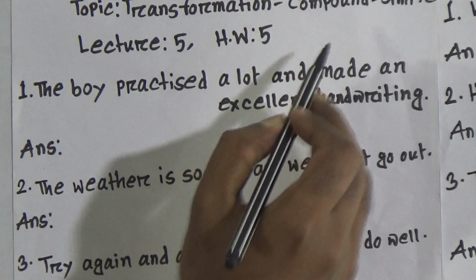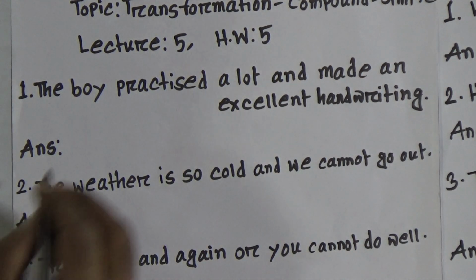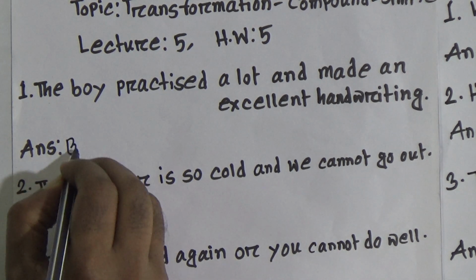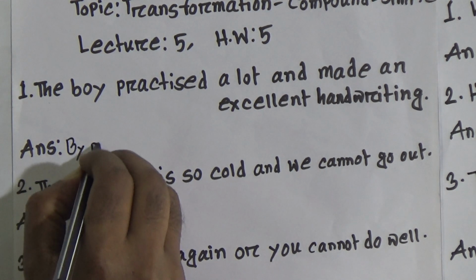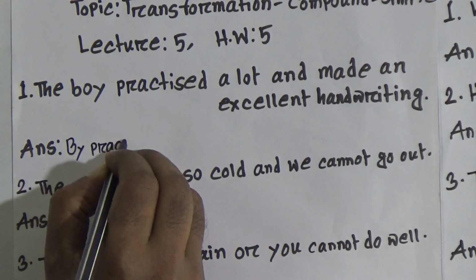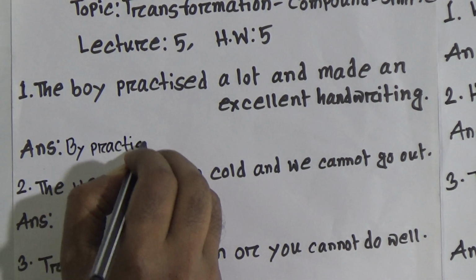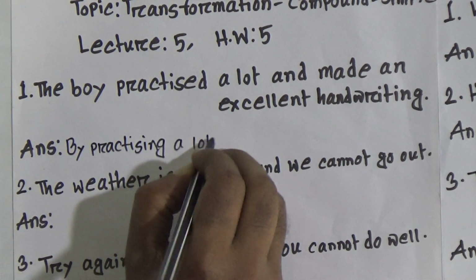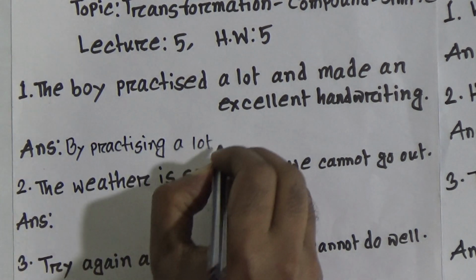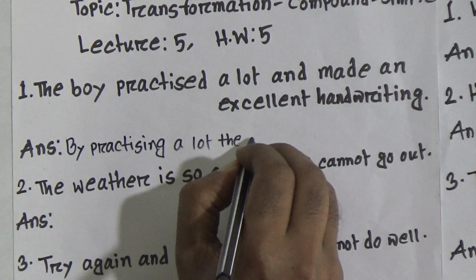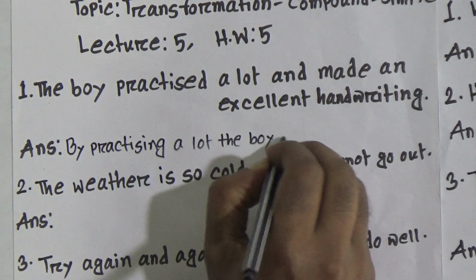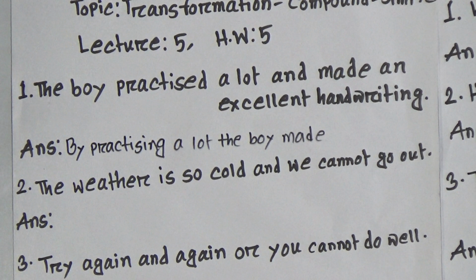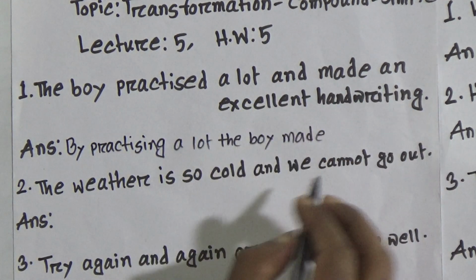We can write the verb like this: by practicing a lot, or practicing. Follow me. By practicing a lot, then the subject, the boy made. Look at the last part after and, it is made an excellent handwriting.